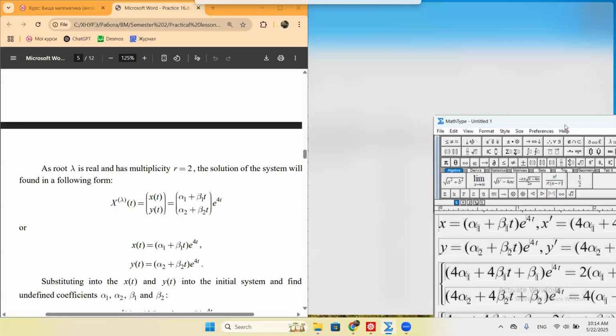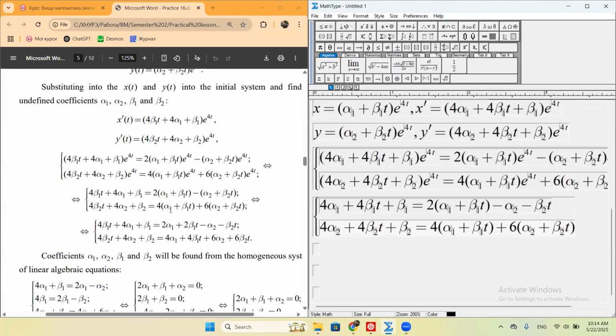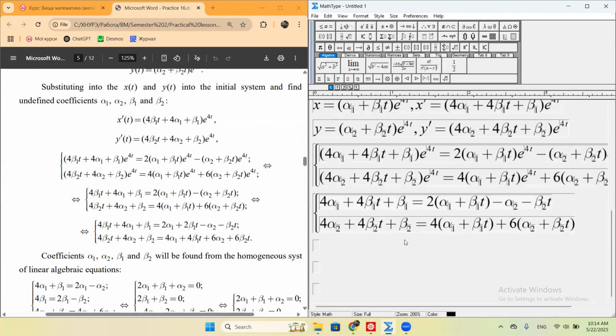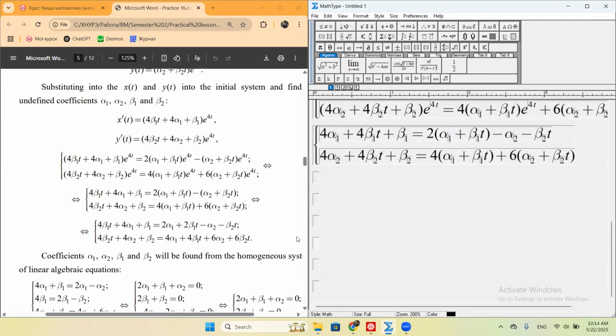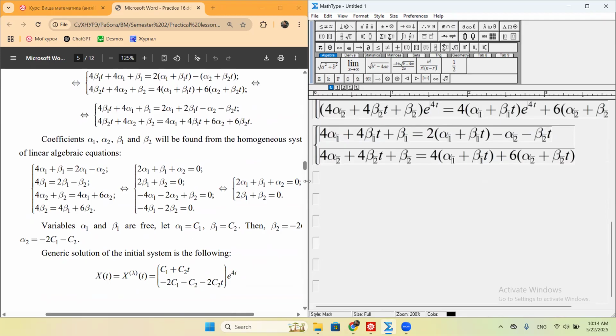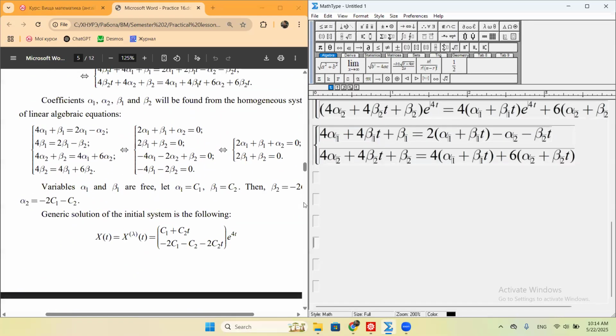Let's check with the system. 4 beta 1 t plus 4 alpha 1 plus beta 1 equals, so here 2, here minus 1, then 4 alpha 2 plus 4 beta 2 t plus beta 2. Now we will not solve this system in detail, and we will just write down the final solution of this system.